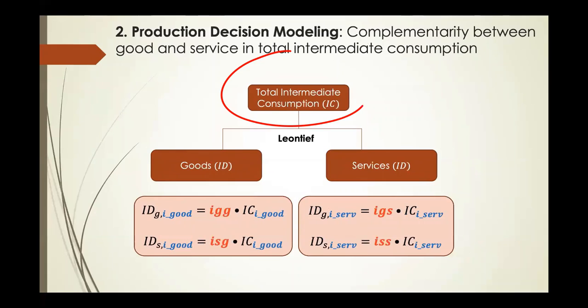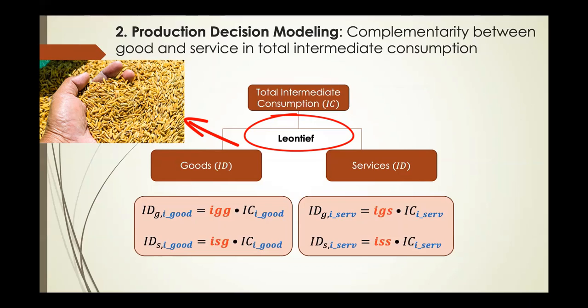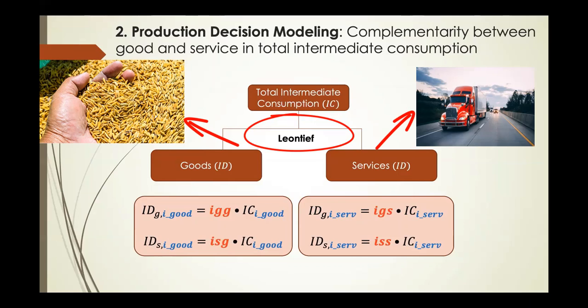Moving to the second layer, a complementarity is also assumed between good and service in total intermediate consumption. Another example, still with our rice production, a farmer combines a given quantity of seed and a volume of transportation.